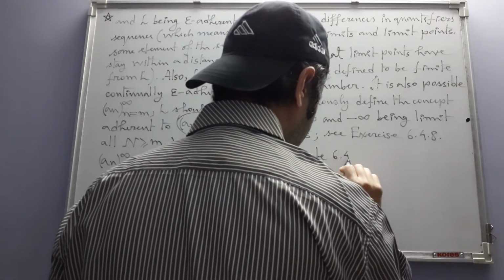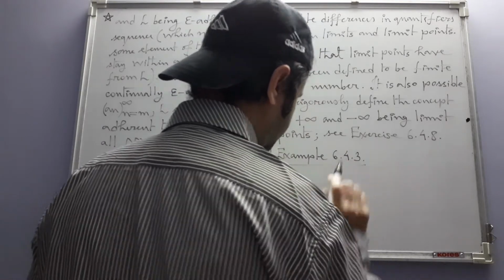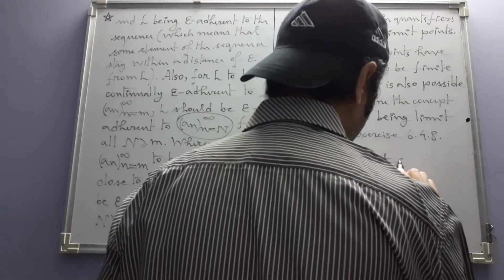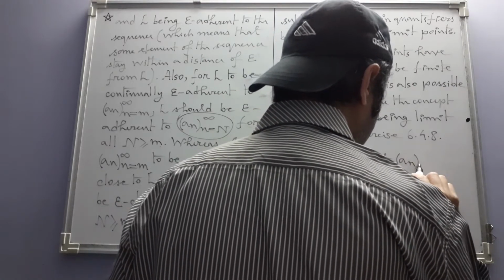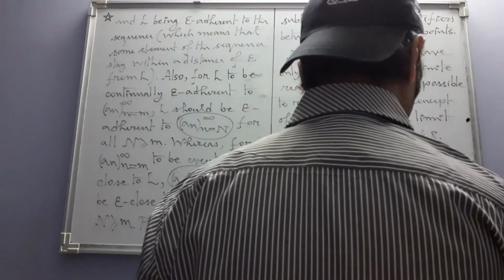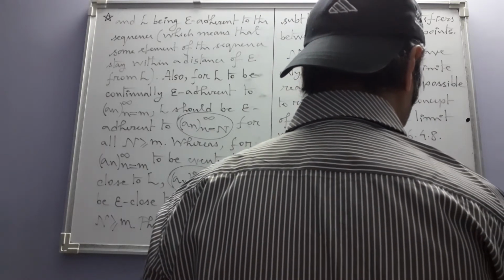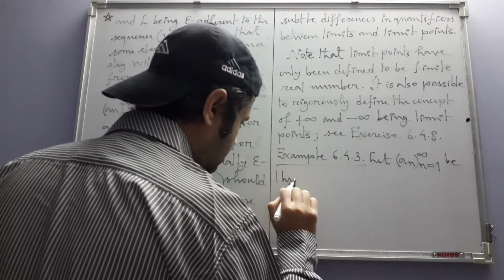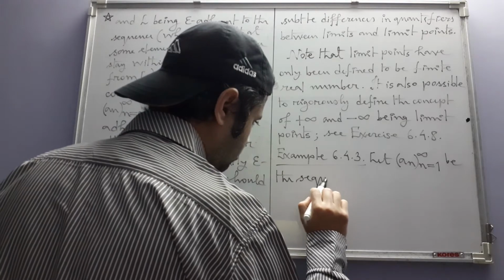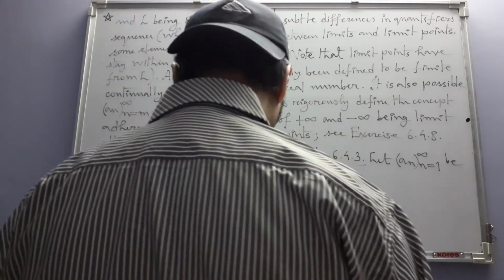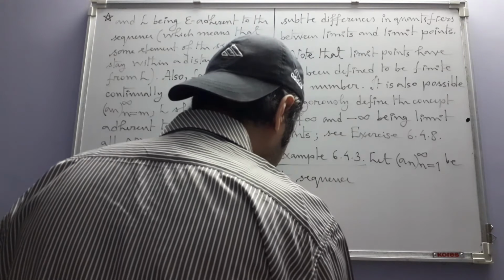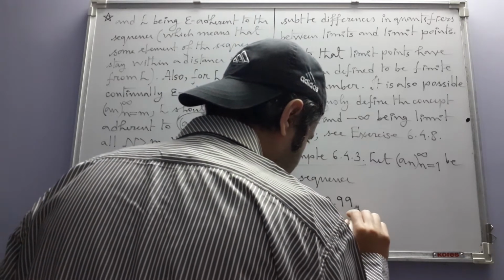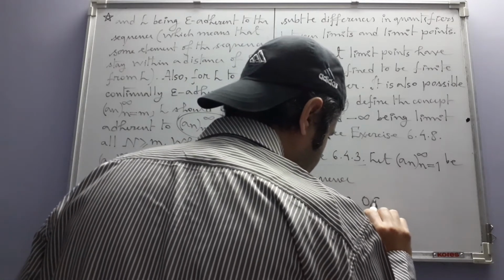Example 3. Let a_n, where n is varying from 1 to infinity, be the sequence 0.9, 0.99, 0.999, so the number of nines increases one by one.